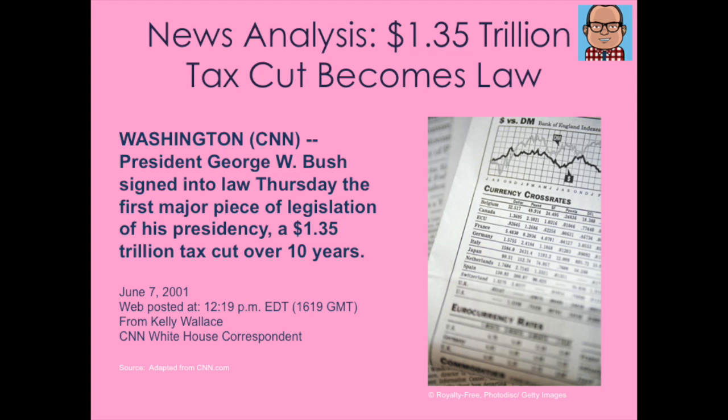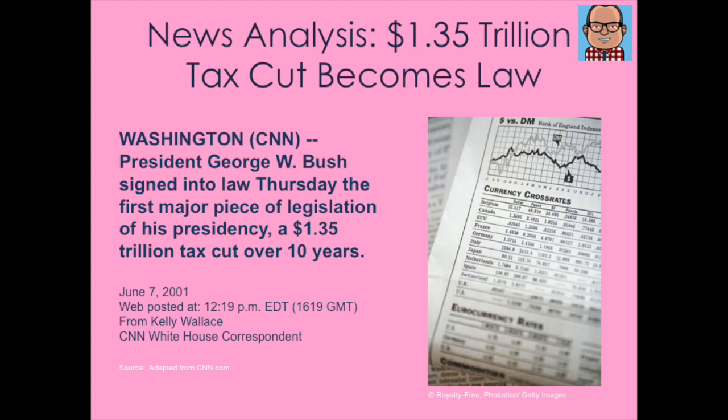In 2001, President George W. Bush signed the law, the first major piece of legislation of his presidency, that would include a $1.35 trillion tax cut over 10 years.